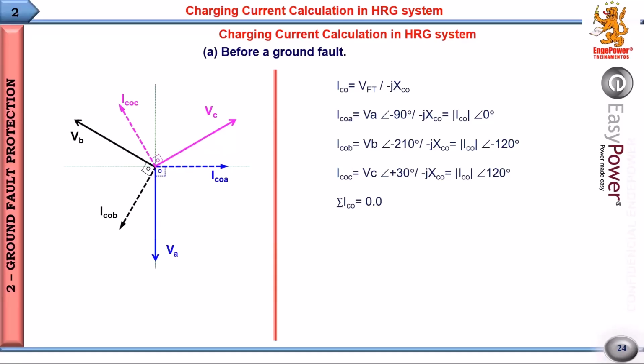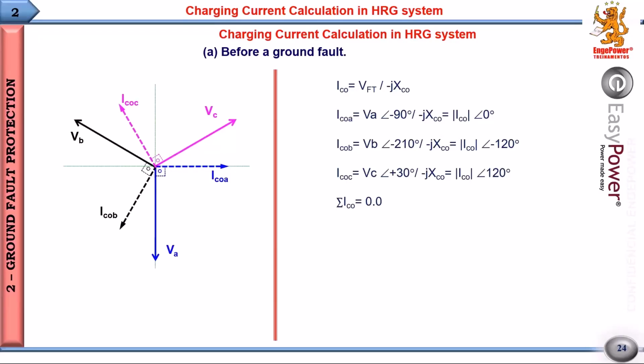But for medium voltage systems nowadays, these currents can be very, very high. But let's see what happens here.